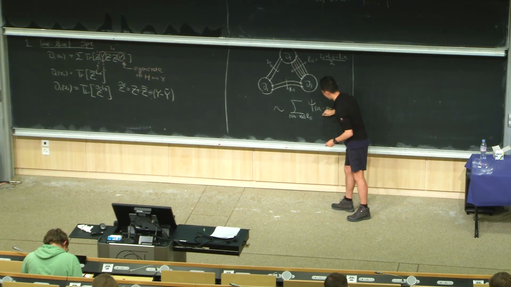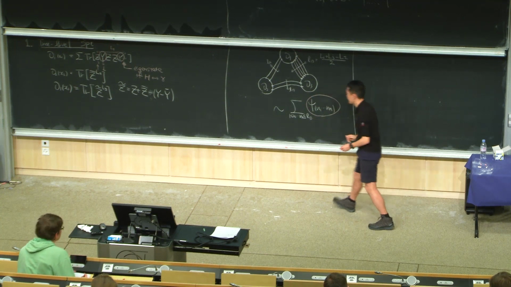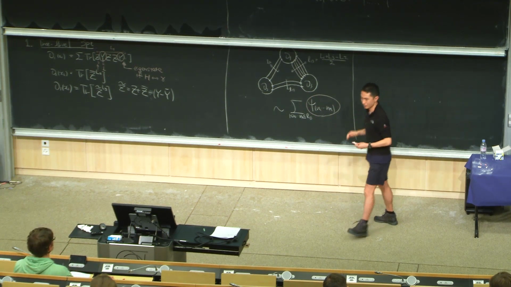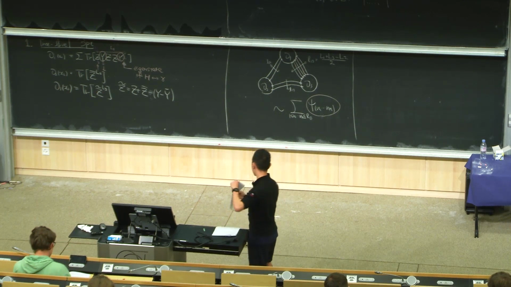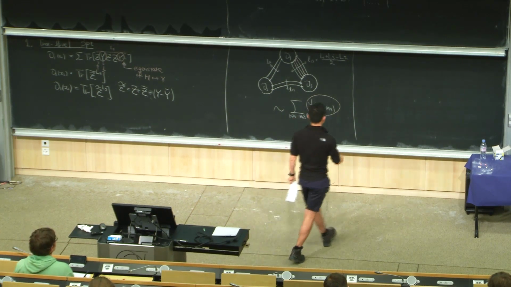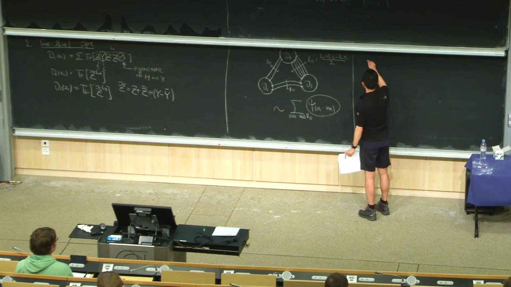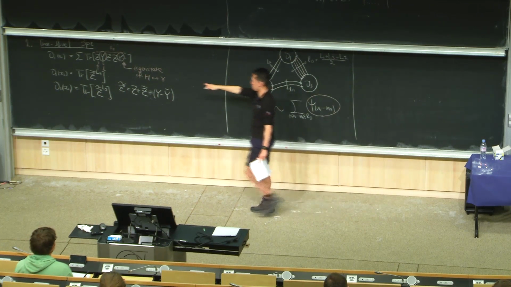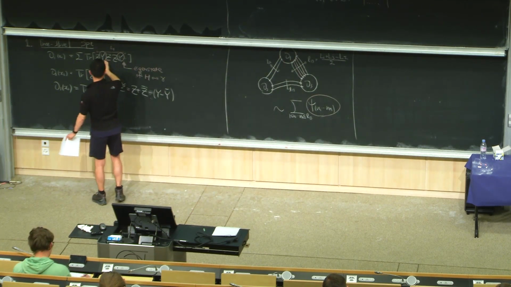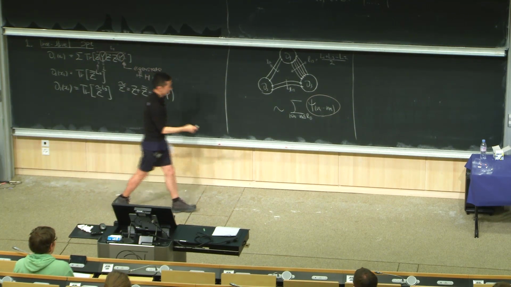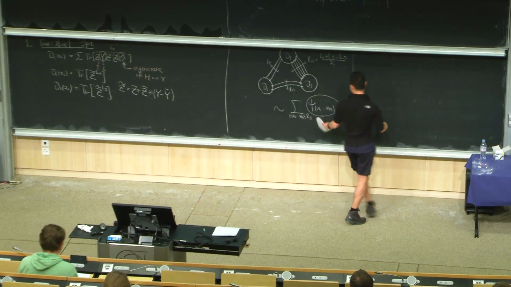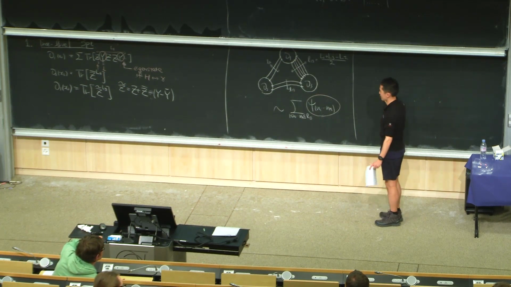So I need to explain what I really mean by this wave function. To do that, I need to remind you of the relation between the spin chain and the operator. As I said here, if you map z to up spin and y to down spin, then this operator maps to the spin chain. And the wave function I'm talking about here is precisely the wave function in the spin chain.